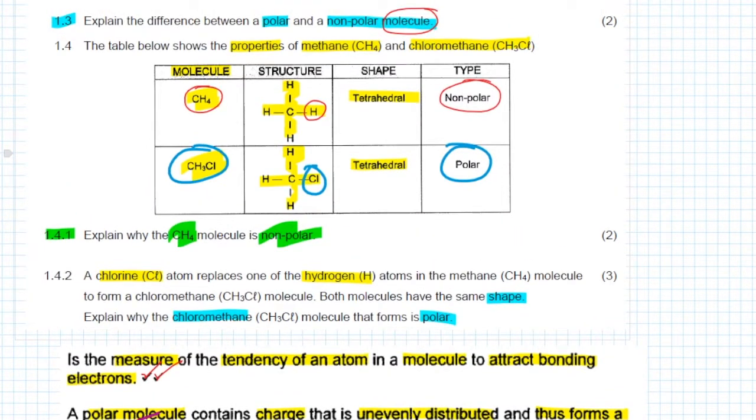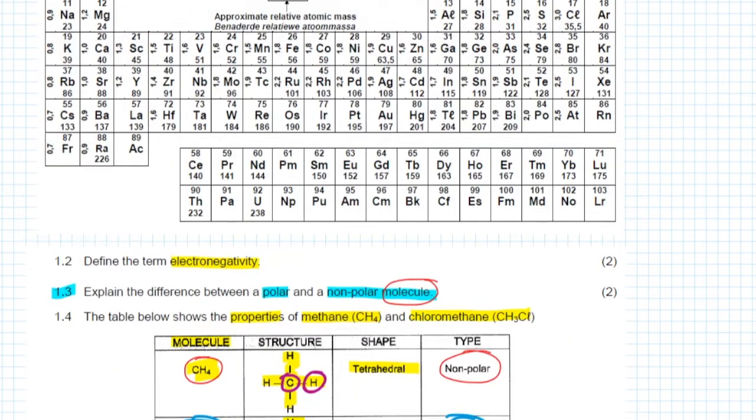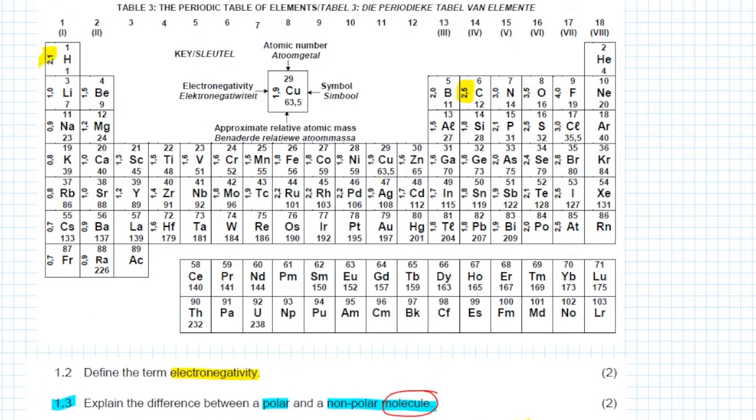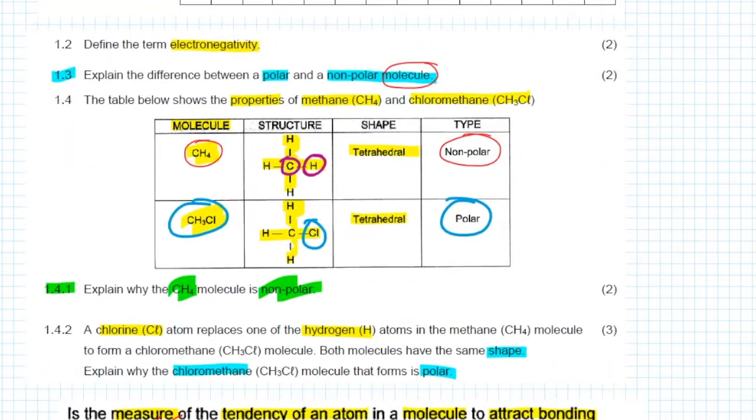So firstly, we're going to take note of the differences. Over here between hydrogen and carbon, if we take a look at the periodic table, we're going to see carbon has a higher electronegativity than hydrogen. In fact, the electronegativity of carbon is 2,5 and that of hydrogen is 2,1. So if we look at the methane molecule, all of these arrows displaying the dipole are going to point towards carbon.